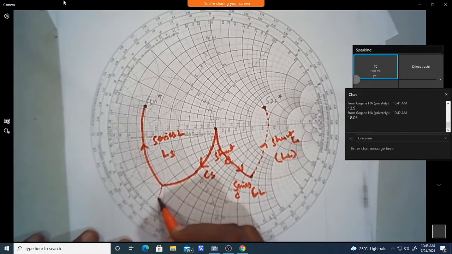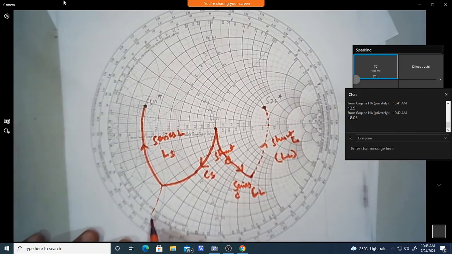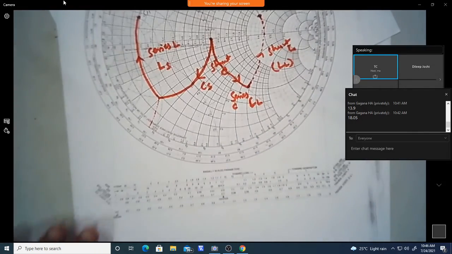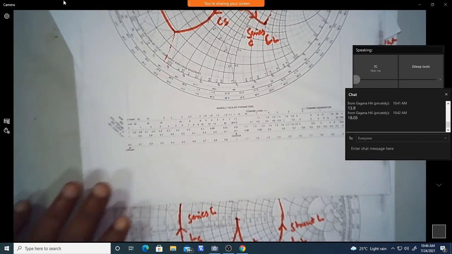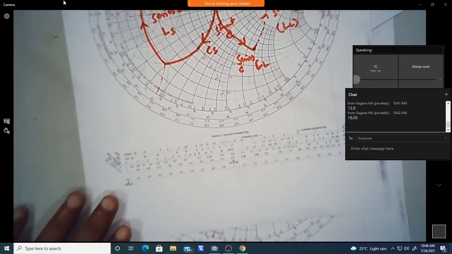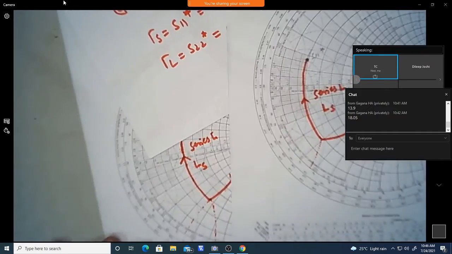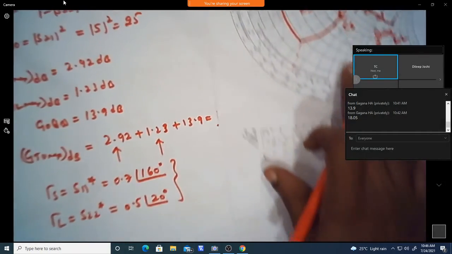This is the value which is offering, around 2.2 susceptance.